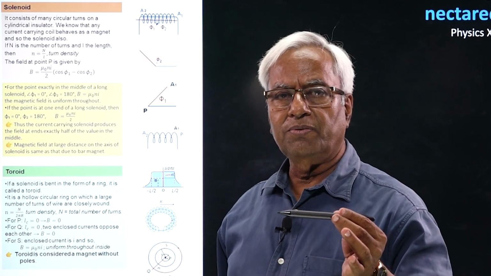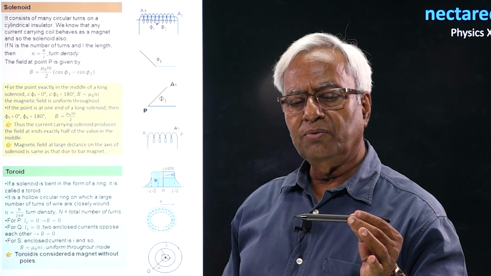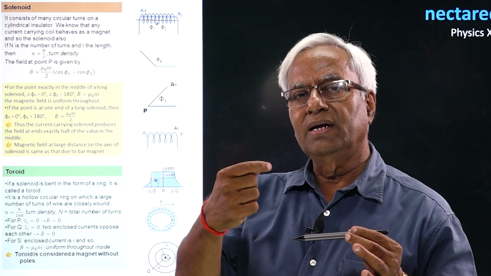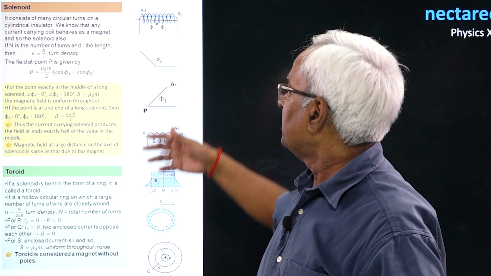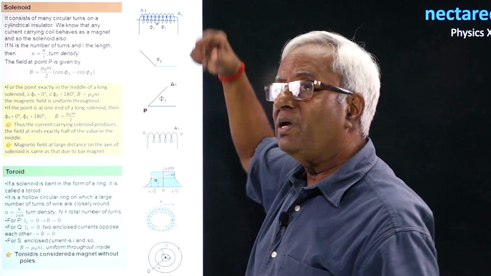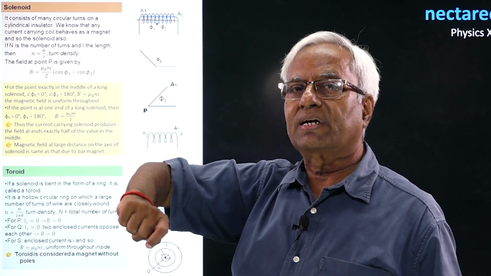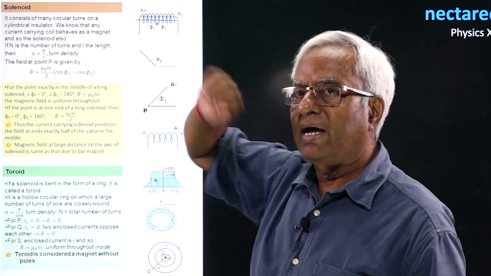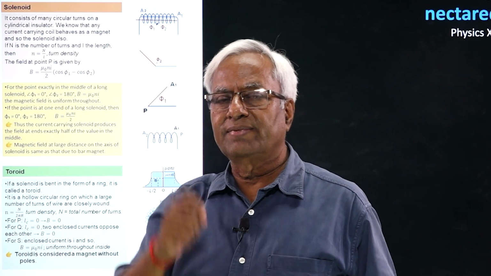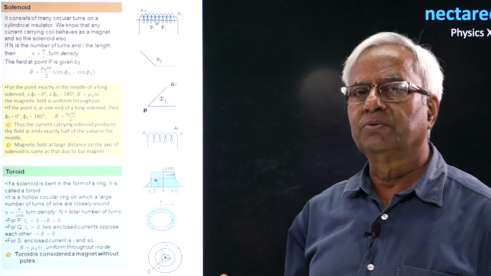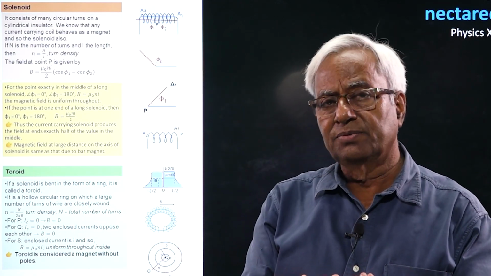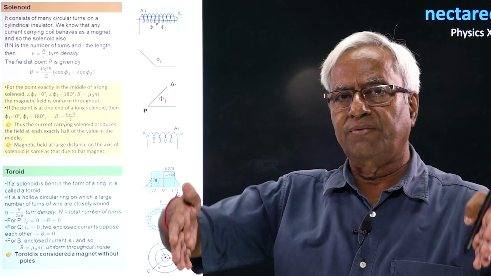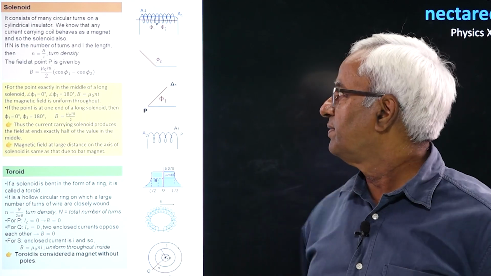This is known as a solenoid, and every current carrying coil behaves as a magnet, and here you have so many coils. Obviously, when the current passes through the solenoid, it's going to behave like a magnet. The only difference and superiority of the solenoid is that it produces a uniform magnetic field inside it.